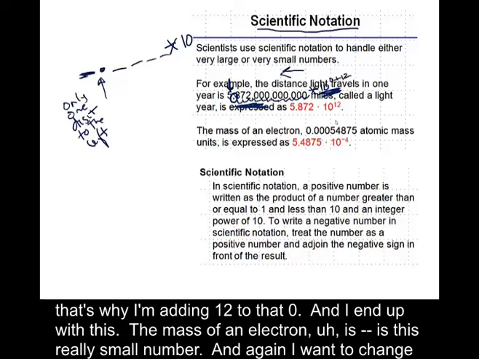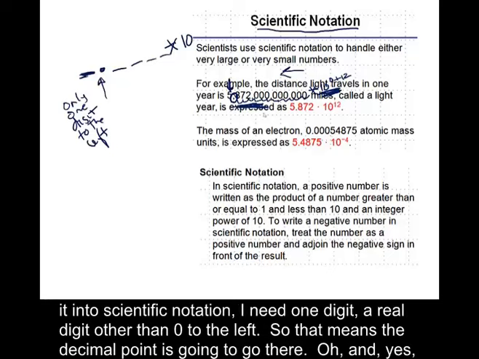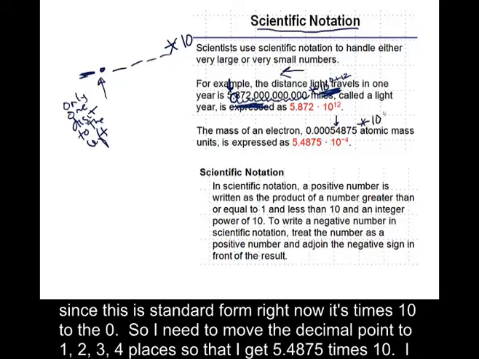The mass of an electron is this really small number, and again, I want to change it into scientific notation. I need one digit, a real digit other than 0, to the left. So that means the decimal point is going to go there. Since this is standard form right now, it's times 10 to the 0. So I need to move the decimal point 1, 2, 3, 4 places so that I get 5.4875 times 10.